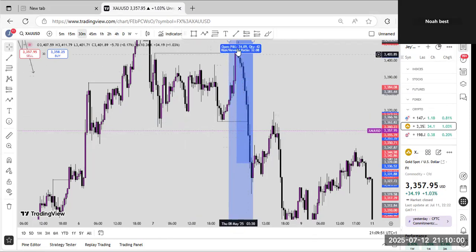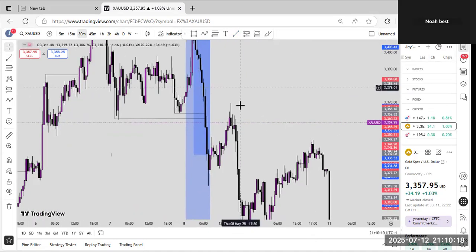That's our break of structure. Where is our inducement? You see, after the break of structure, this wick here is our what? Inducement.